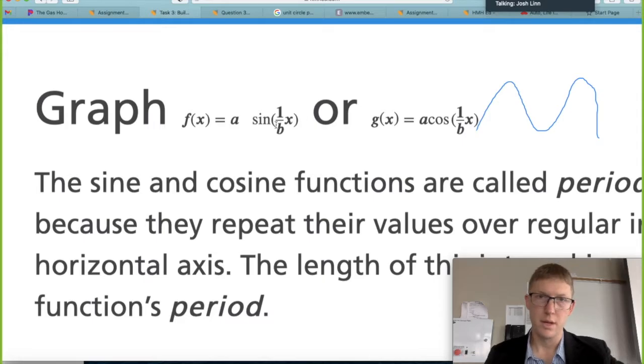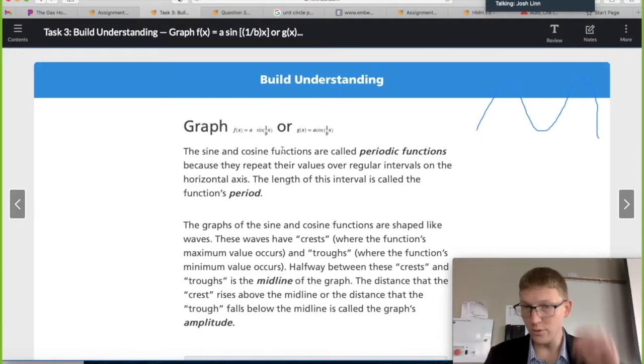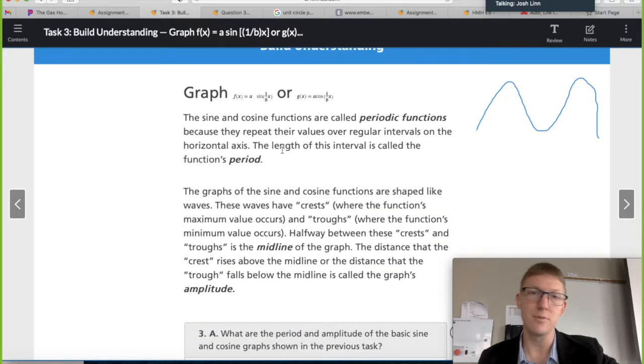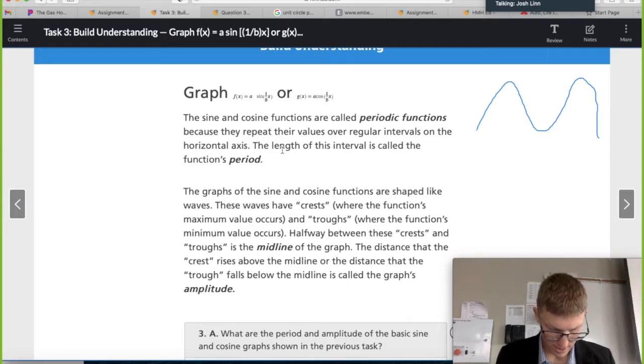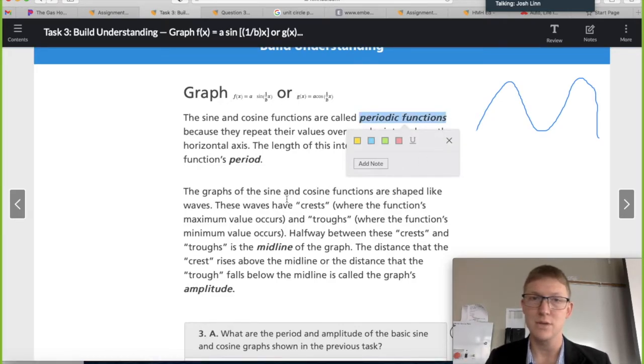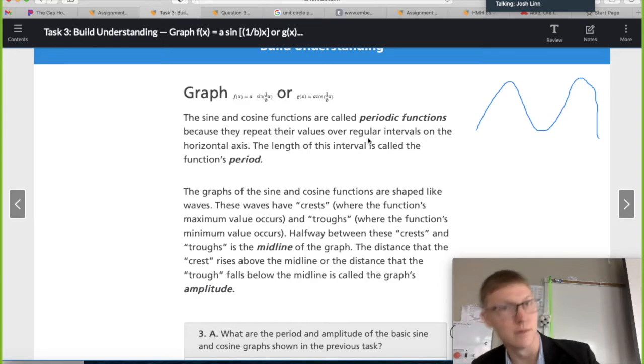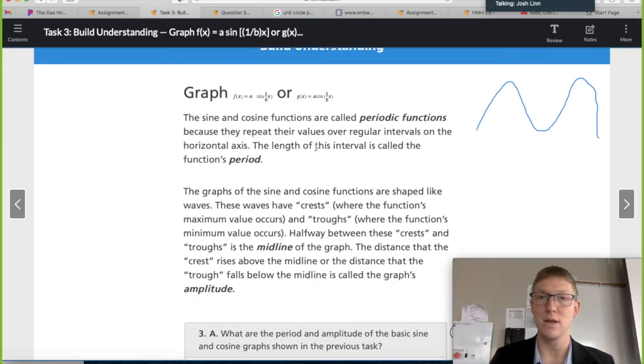So in order to talk about some of that stuff, it is useful to have some terminology, and hopefully some of this is review, maybe if you're in chemistry or something like that. But anyway, these are called periodic functions, as you can imagine, because their values repeat periodically over a given length.